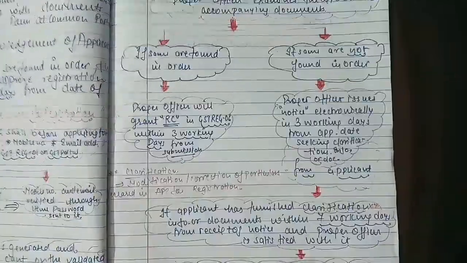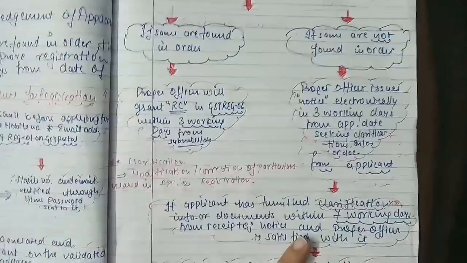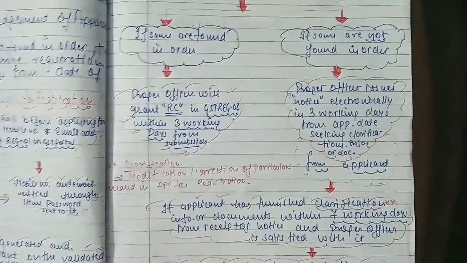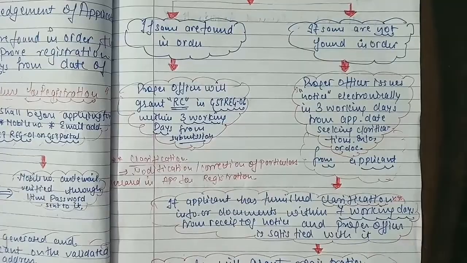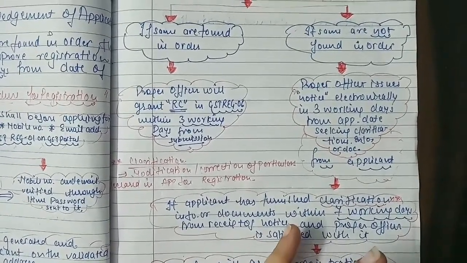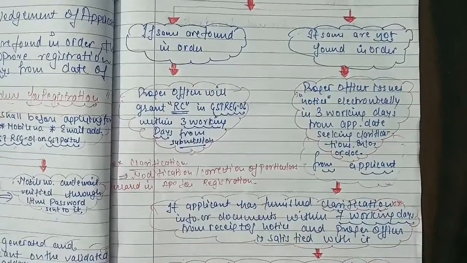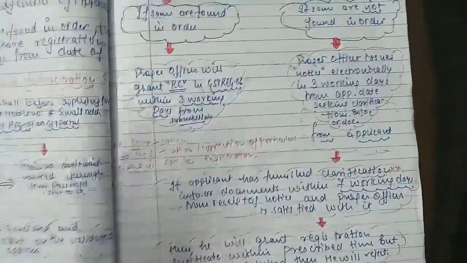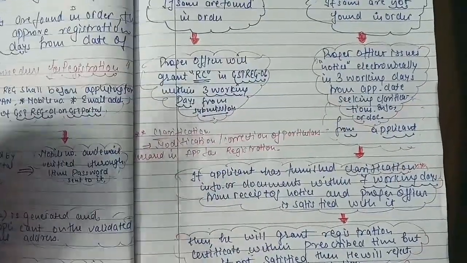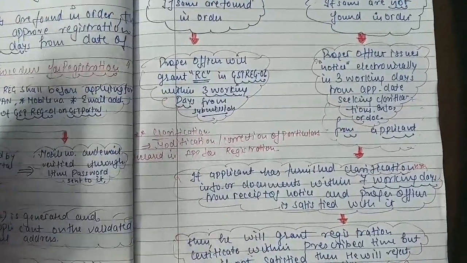And if the same are not found in order, the proper officer issues a notice electronically within 3 working days from the application date, seeking clarification, information or documents, whatever is required from the applicant. These clarifications include modification or correction of particulars declared in the application for registration.